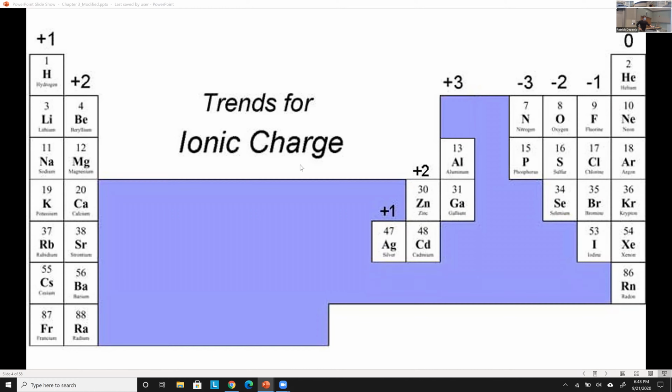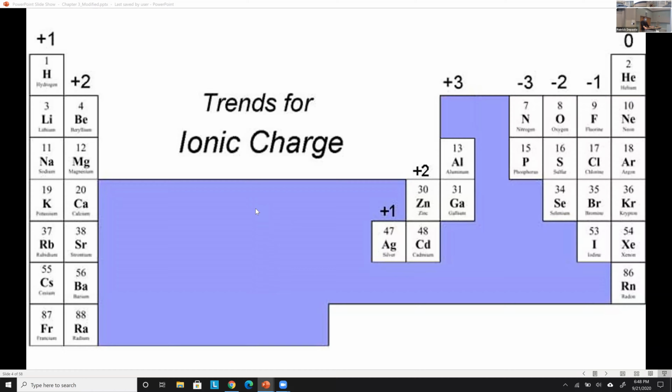For the other ones that are blued out, we have to use another rule to actually tell the reader what the charge is. Because, like I said, for iron, the charge could be +2 or +3. So who's to say which it is? It's your job as the person writing the name of the compound to write iron 2, iron 3, and we're going to write those 2 and 3 in Roman numeral form.